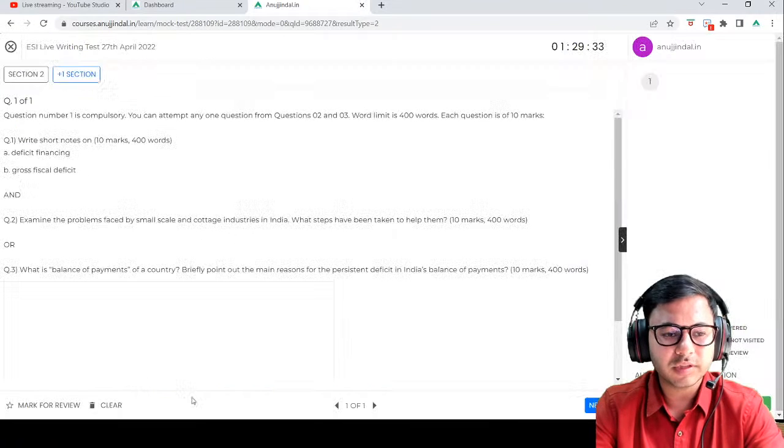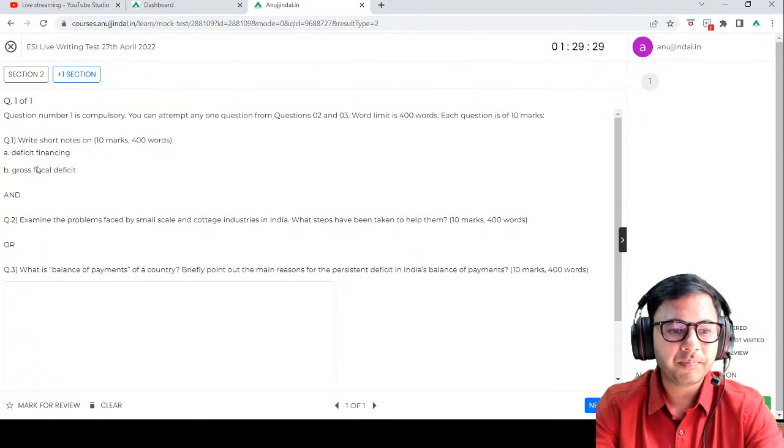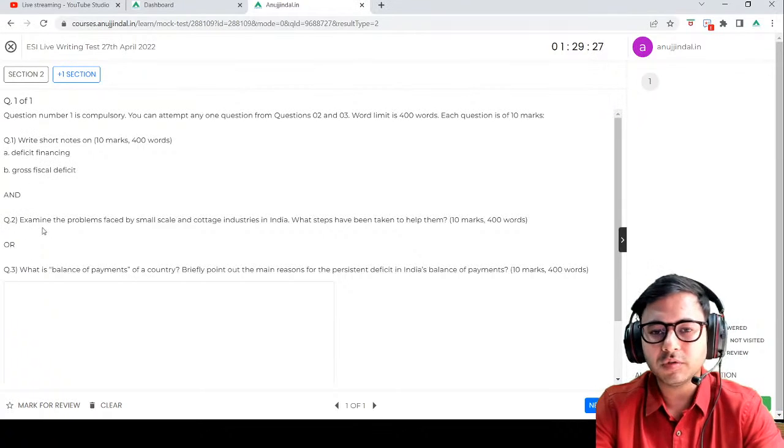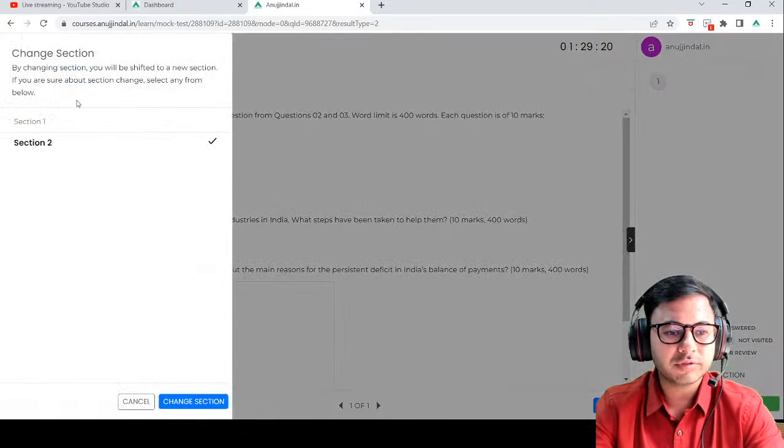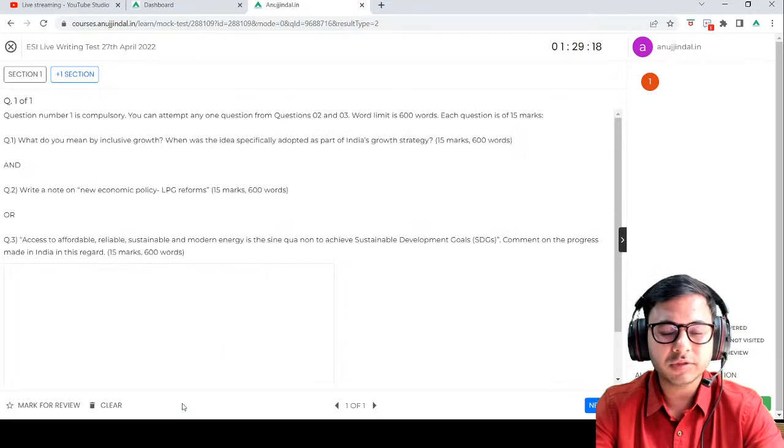Similarly, when you go to section number 2, there are 3 questions. Question 1 is compulsory, and you have to write any one out of question number 2 and question number 3. 10 marks, 400 words for section 2, and for section 1, 15 marks, 600 words every answer. This is what you have to follow. I will be starting with the live writing test timer in a short while.